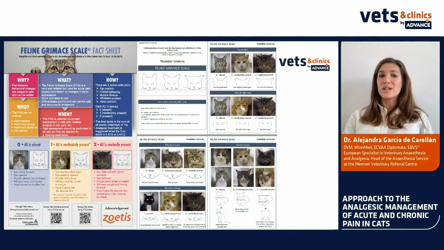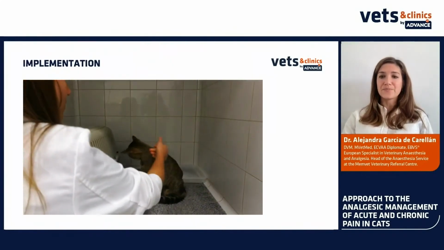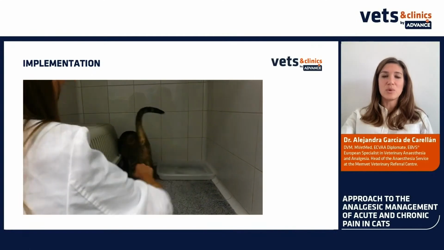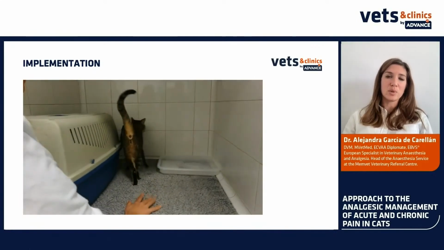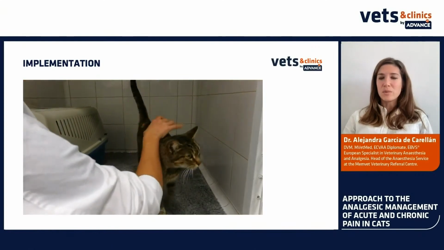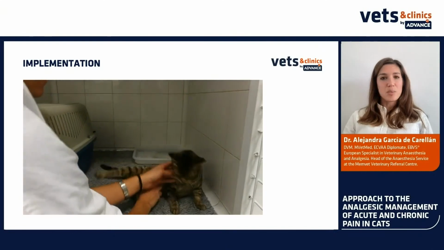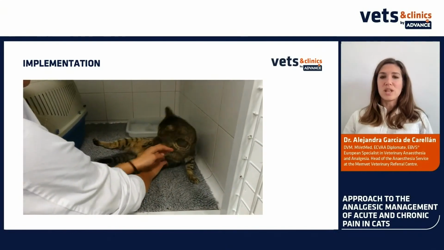This is all for acute pain in cats. In this cat we can see an example of post-operative pain; I think it was abdominal surgery, yes. She was quite happy interacting with us.